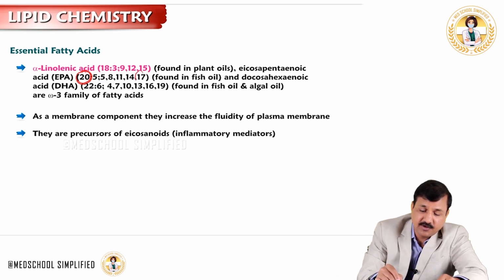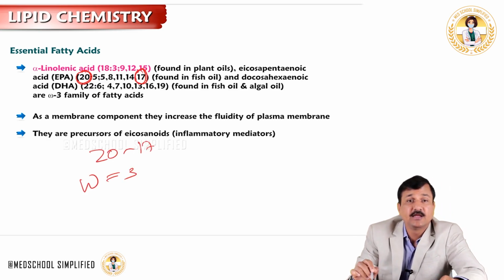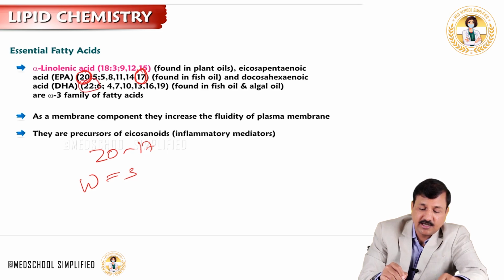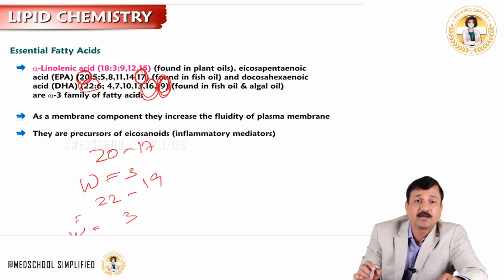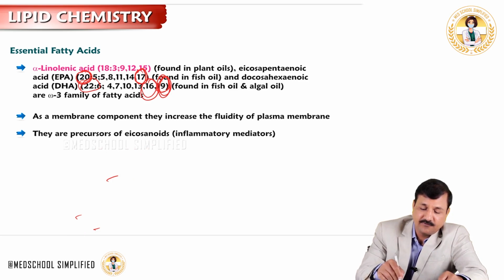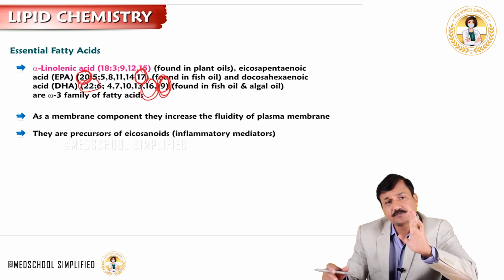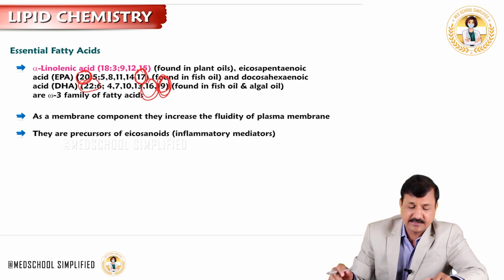So the position of the last double bond is at 17th carbon. That means 20 minus 17, so you get 3, that is omega-3. Similarly, look at docosahexaenoic acid. It has 22 carbons. Position of last double bond is 19 here. So 22 minus 19 is 3. That's why it is omega-3 family of fatty acids. So like this, we can find out easily which omega family a fatty acid belongs to if you know the numbering system that is mentioned along with the fatty acid.